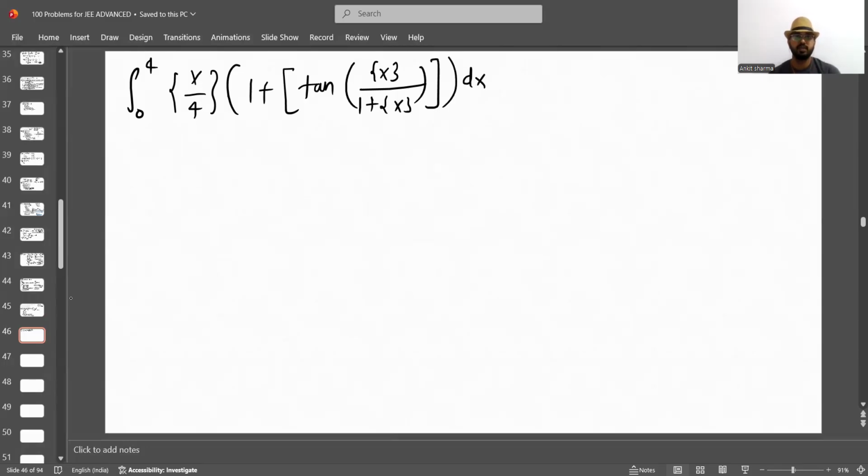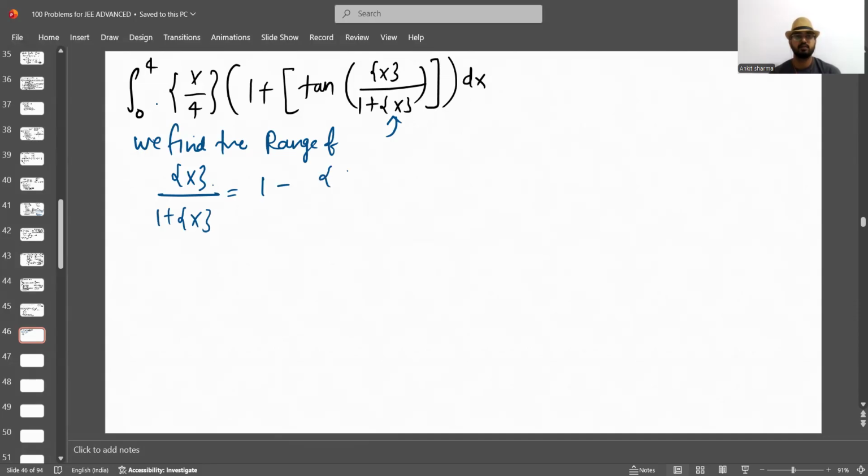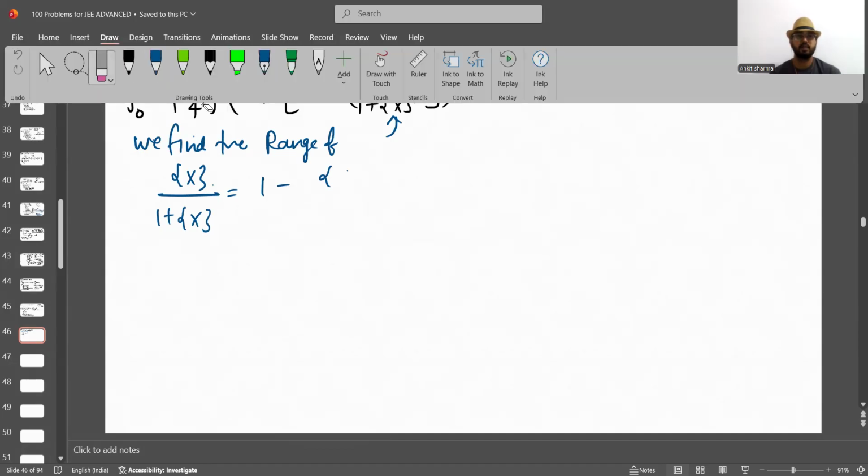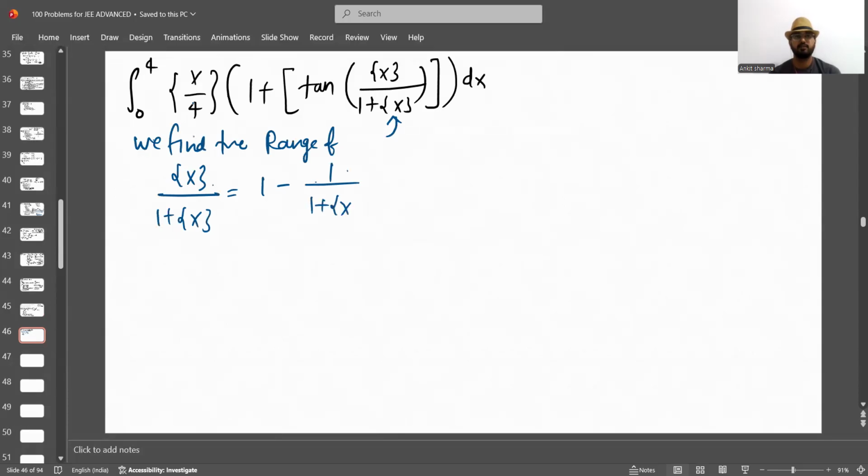Since we want to see the behavior of this tan of this function, I'll consider finding the range of the nested function, this one. So I'll consider the fractional part of x over 1 plus fractional part of x. This could be further written as 1 minus 1 over 1 plus fractional part of x. So now I need to find out the range here.